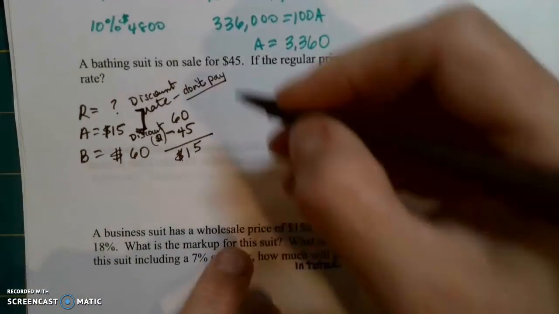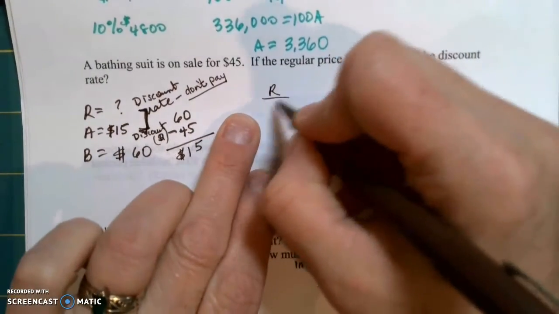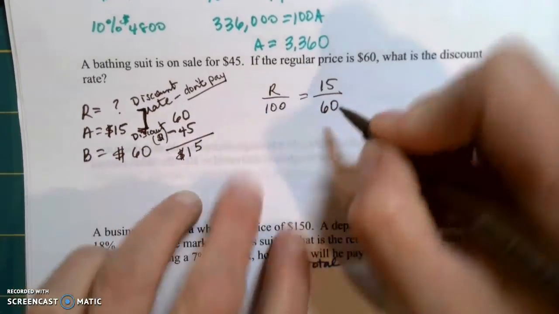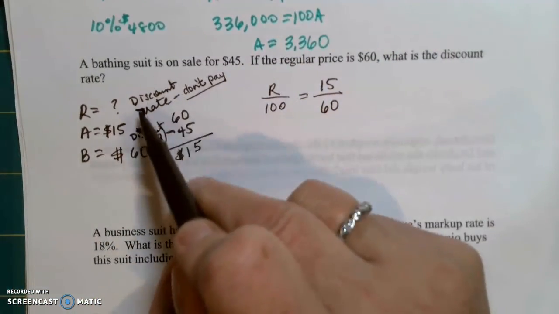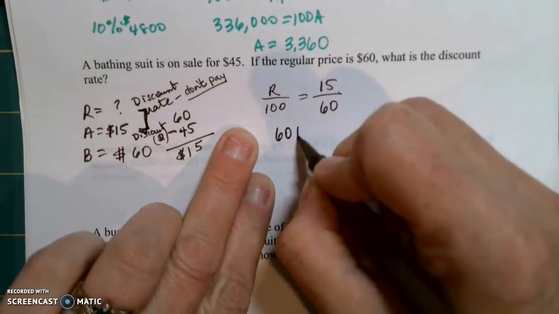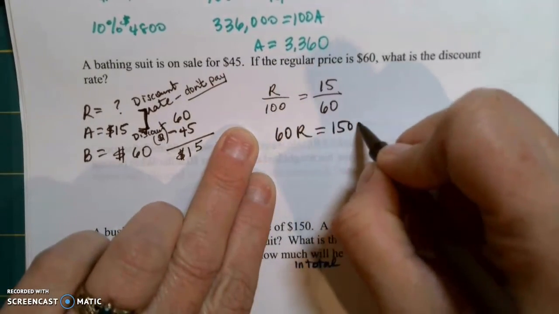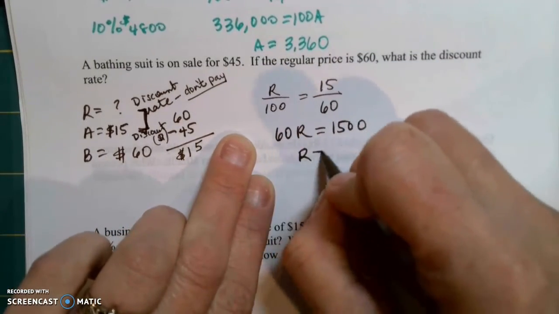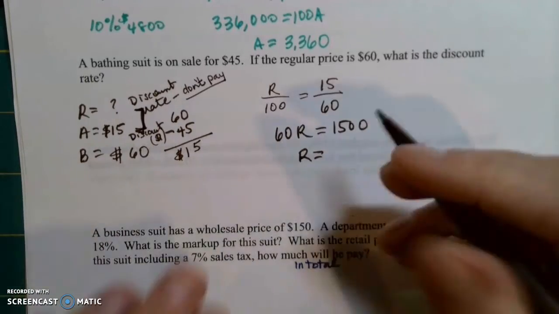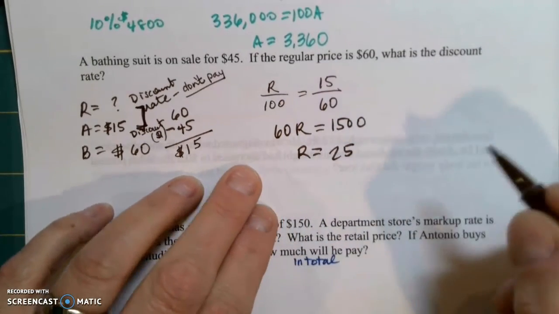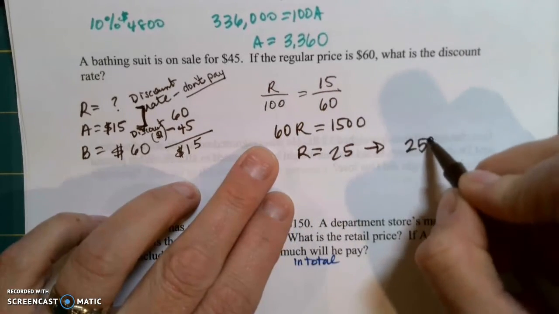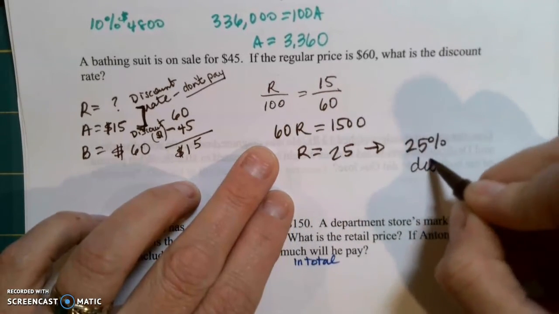Now that R and A are talking about the same idea, I can go ahead and put those pieces of information in here. And what will pop out for R will be the discount rate, the part that we don't pay. So 60R equals 1,500, and R equals 25. And that is going to be, remember, a percent, so 25% discount.